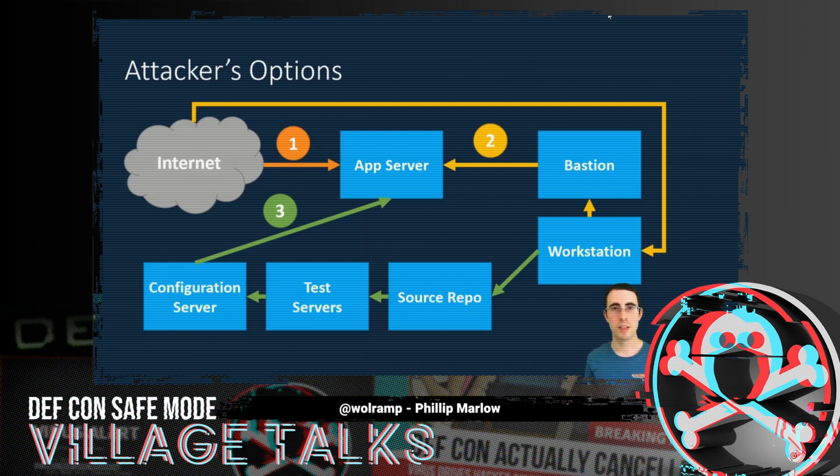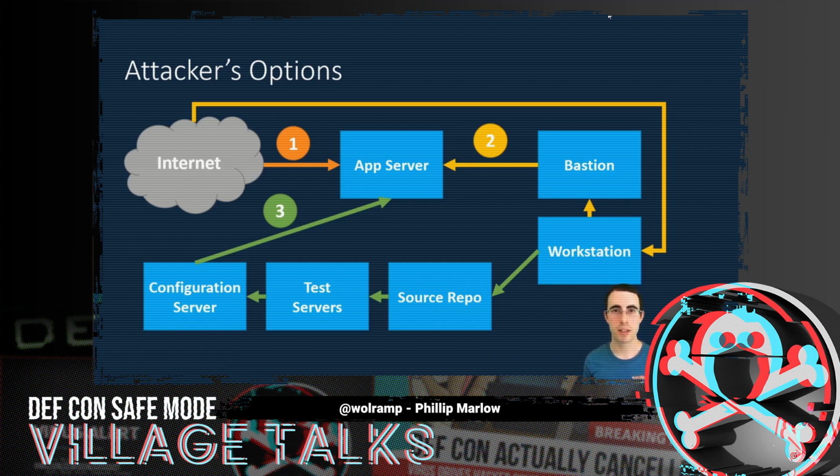So let's take a look at a very simplified environment, and let's take a look at it from the attacker's point of view. We want to get to something on the application server. Maybe we want to steal data off of it, or maybe we just want to use the hefty server power for crypto mining.